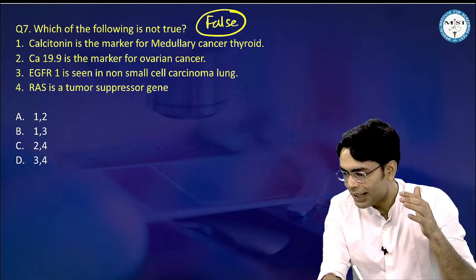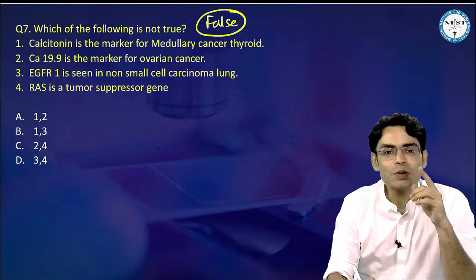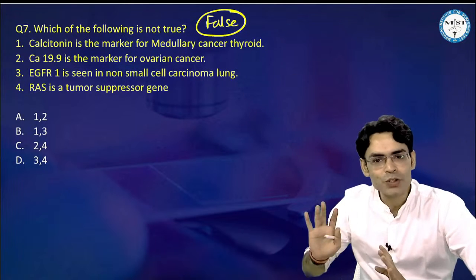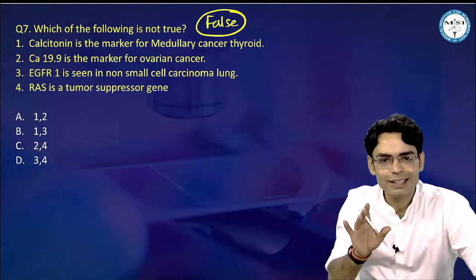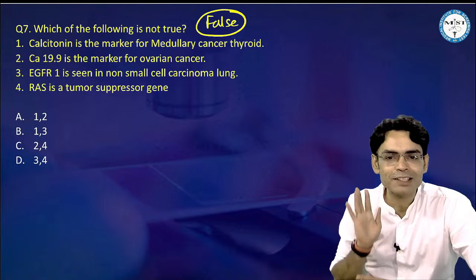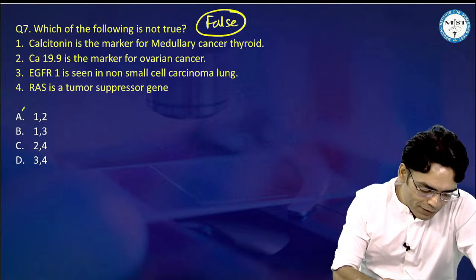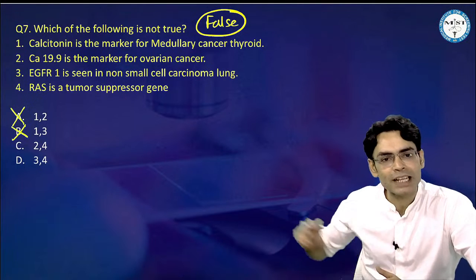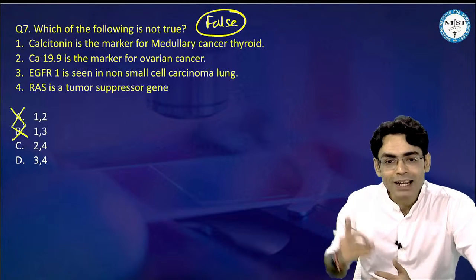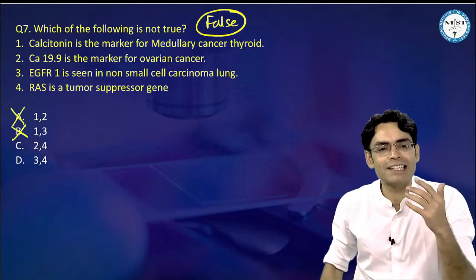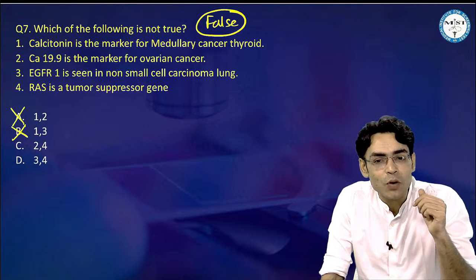Very good. So see, calcitonin is the marker for medullary carcinoma thyroid. We are sure about it. So any option which contains 1 has to be wrong. So we can rule out A and B straight away, because A and B contain 1. Now what work is left for us? We have to find out which of the rest is correct. Let's see. CA 19.9 is the marker for ovarian cancer?